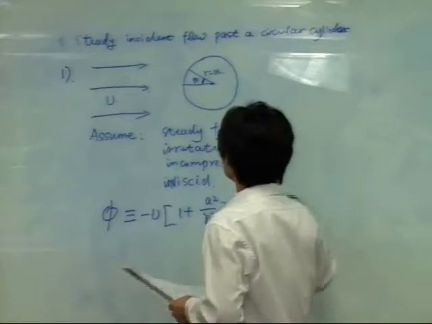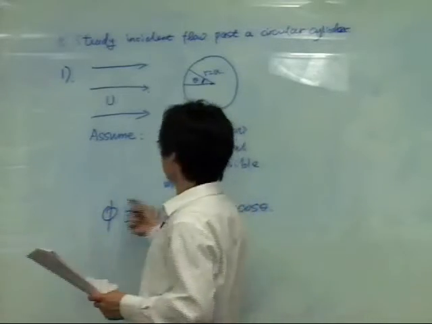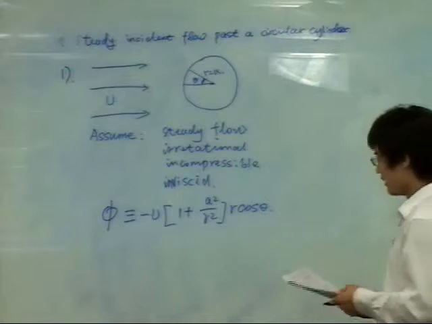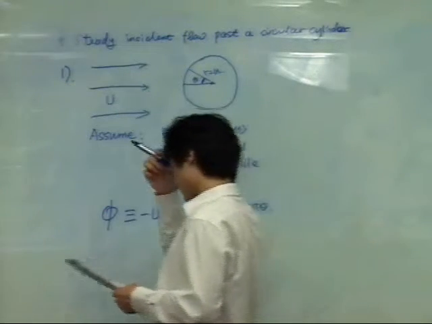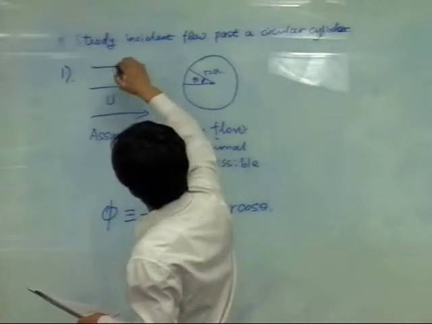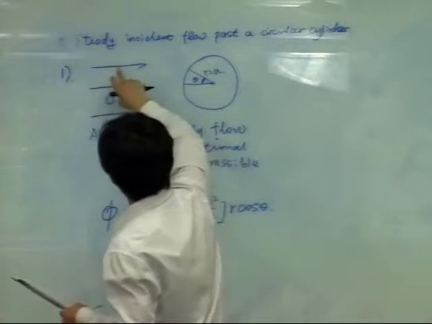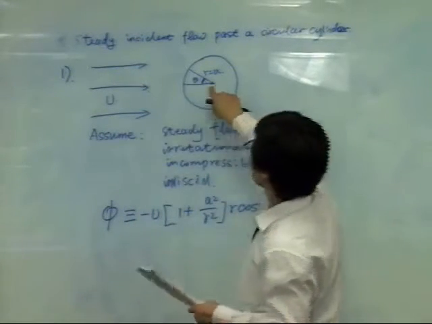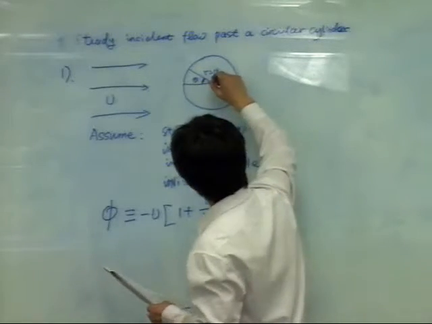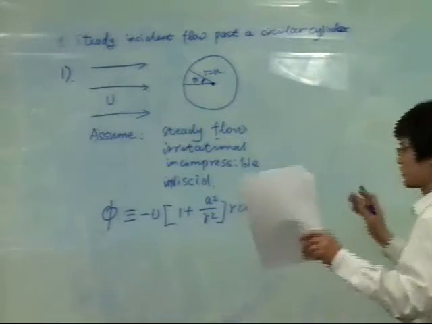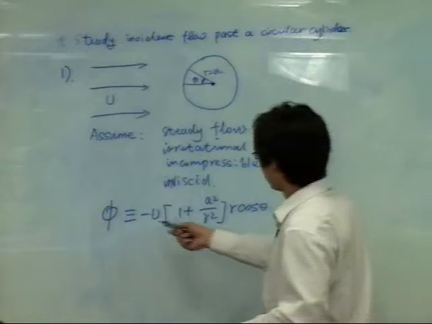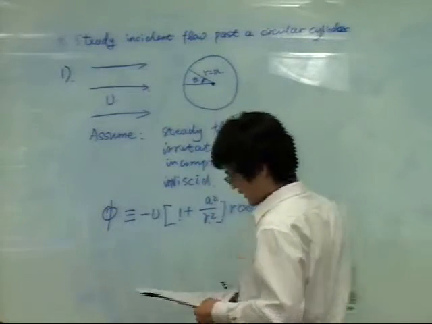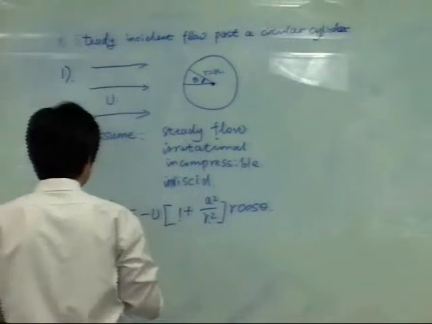You can get this from any basic fluid mechanics class, and I assume you have learned this before. It's just the potential due to this steady incident flow and also a dipole at the center of this circle. So it's the superposition of these two. One part is due to the steady flow, and this part is due to the dipole.